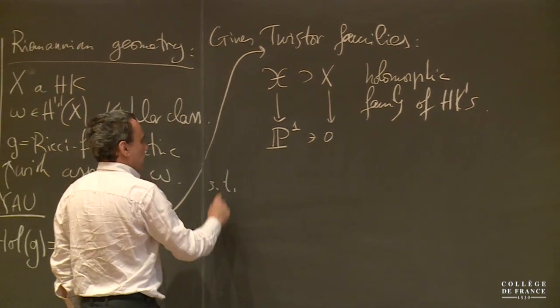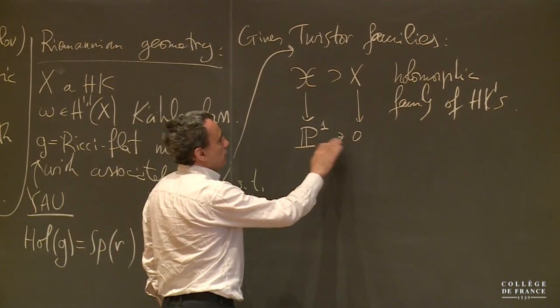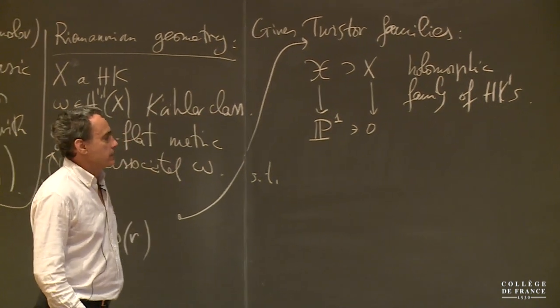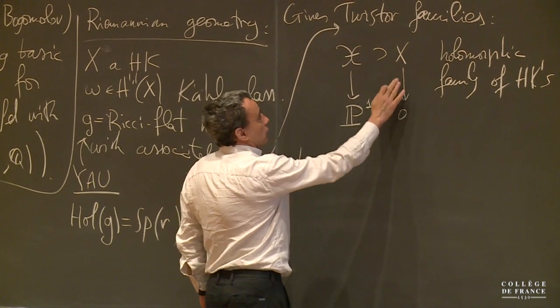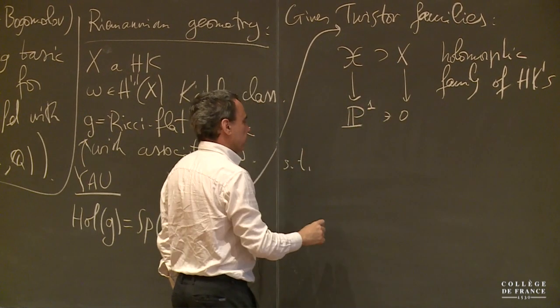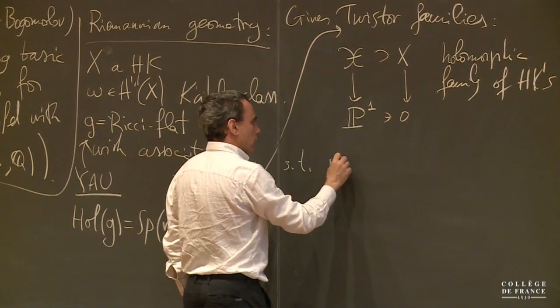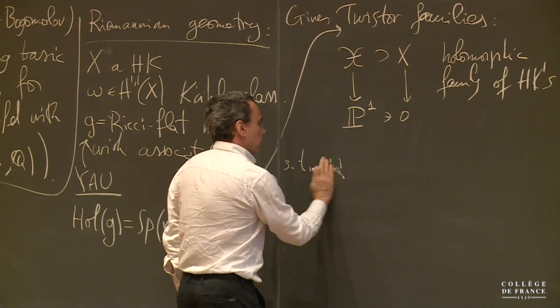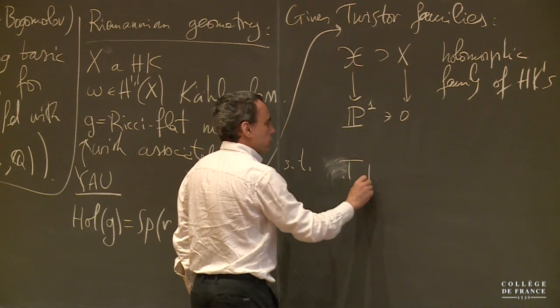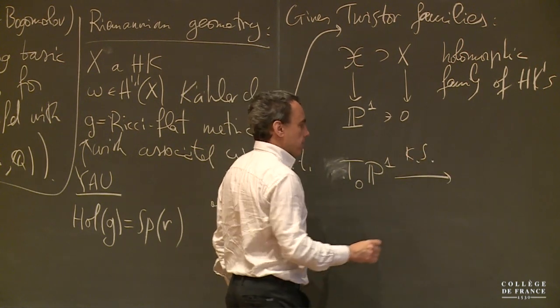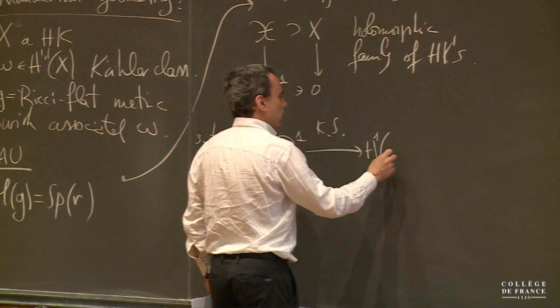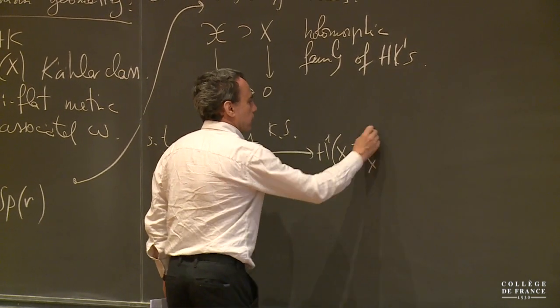If we look at the Kodaira-Spencer map at the point that gives us our initial X, we take the tangent space at 0 to P1, and the Kodaira-Spencer map goes into H1 of the tangent bundle of X.